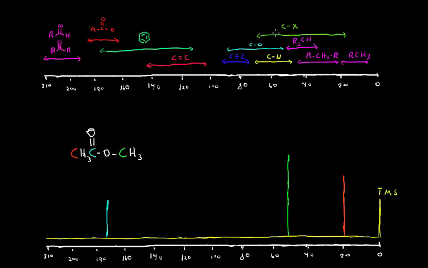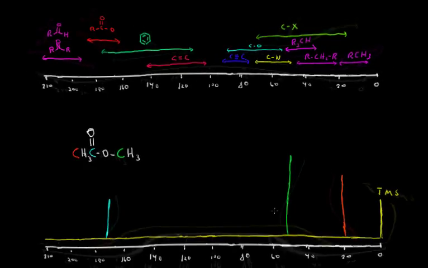We see that in the range where we would expect a carbon bonded to oxygen to resonate. This one's a little bit above 50 parts per million, 50 delta. And then finally our carbonyl carbon, this is an ester, and so that's in this region right here, maybe 175, something like that, which is right in the region where we'd expect a carbonyl in an ester to resonate.